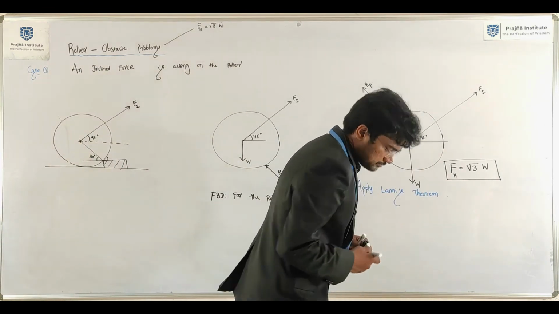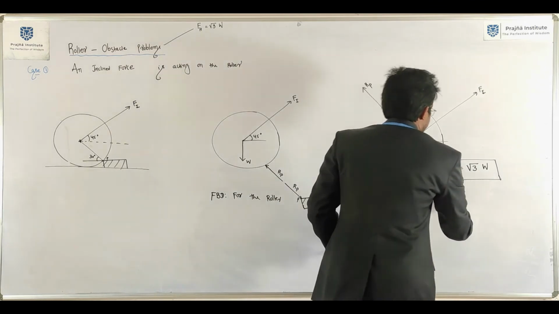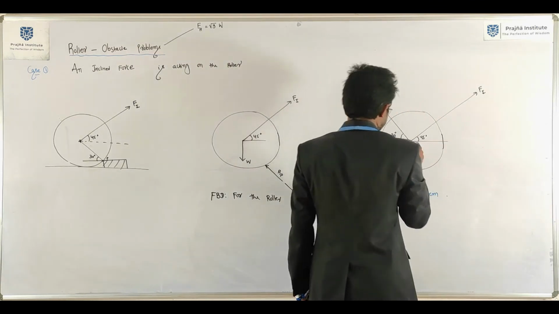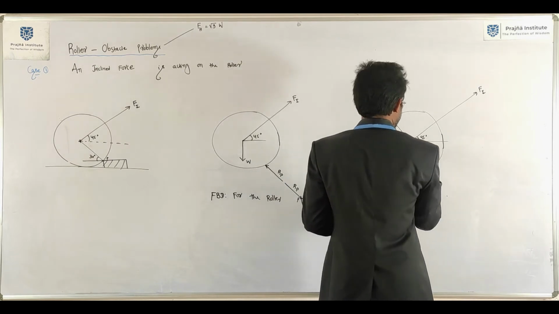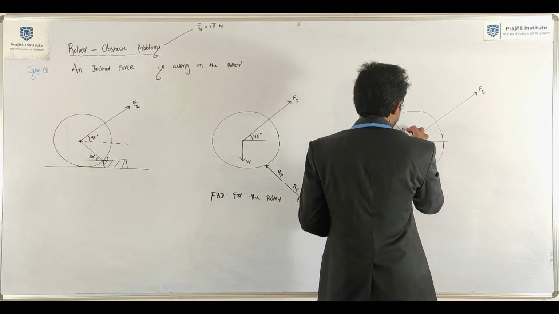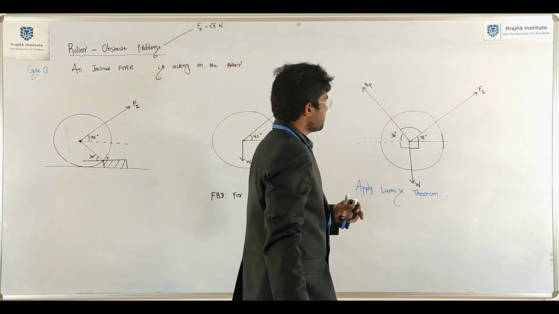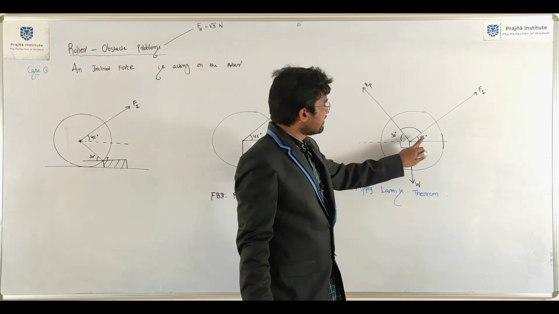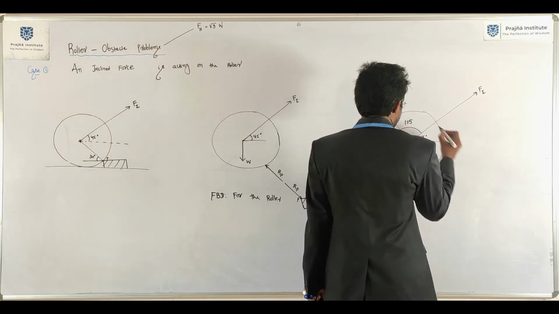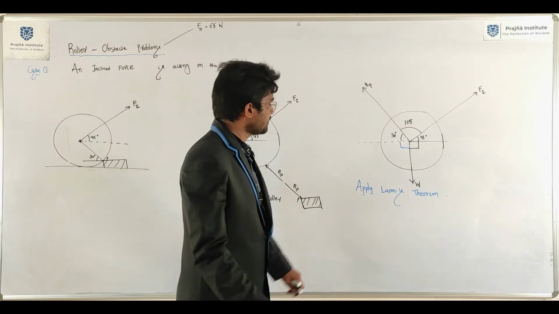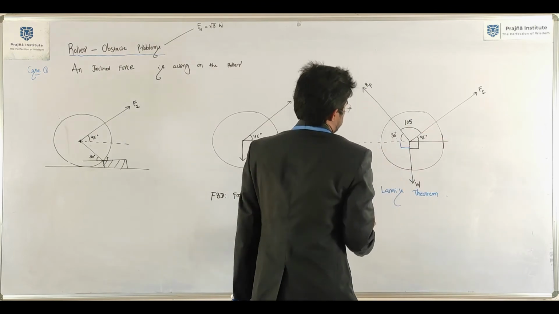Now, apply Lami's theorem. Of course, it is 30 degrees, 45 degrees, 90. How much is this? Tell me. 75, then it will be 105. Now, here what you will get?